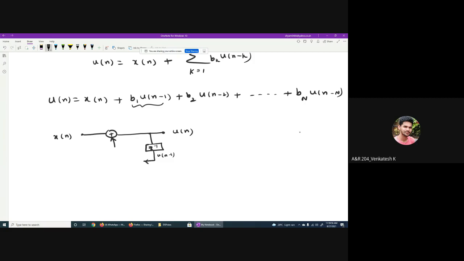Yes, sir. If I give one more z inverse, what I'll get here? What is the multiplication here? b1, this is b2, it goes on up to how many terms? bN.